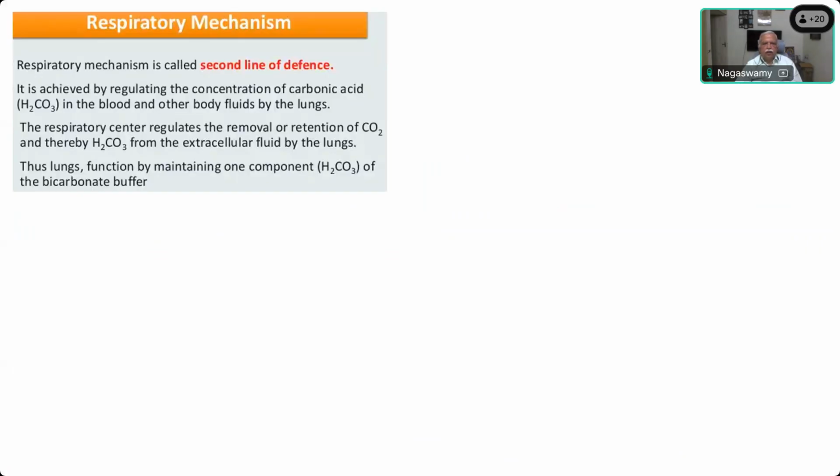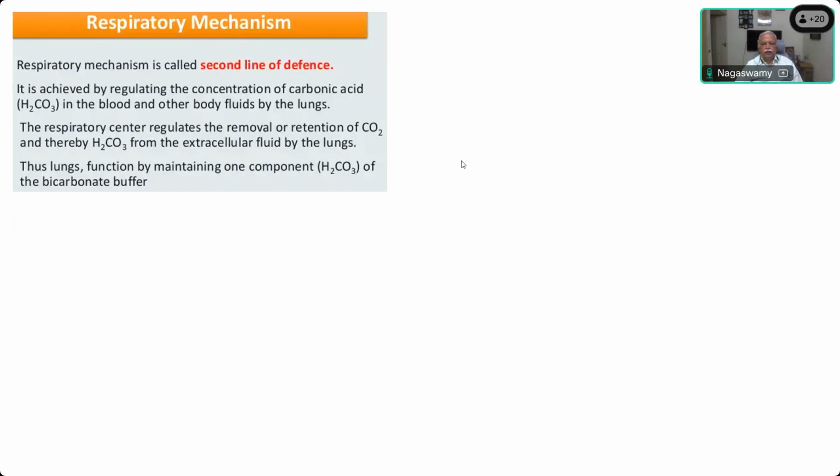Now the respiratory compensation is the second line of defense, based on the speed with which they all act. So the buffer system is the earliest. The second line of defense is the respiratory mechanism, which again we saw: hydrogen ion is taken up with the bicarbonate, converting into carbonic acid, coming to the lungs and getting broken down to carbon dioxide and water and elimination.